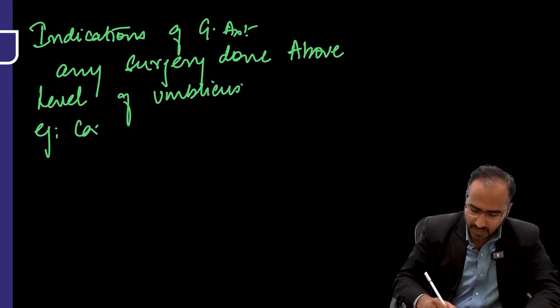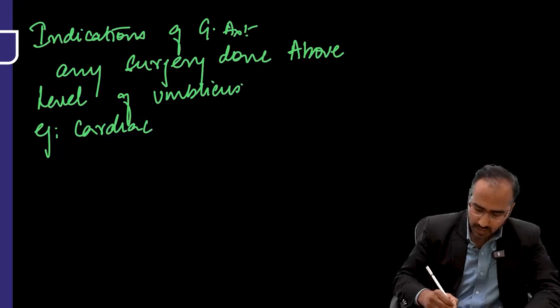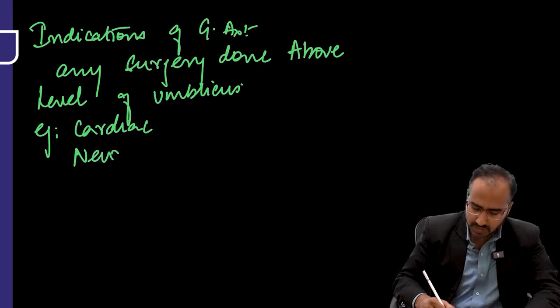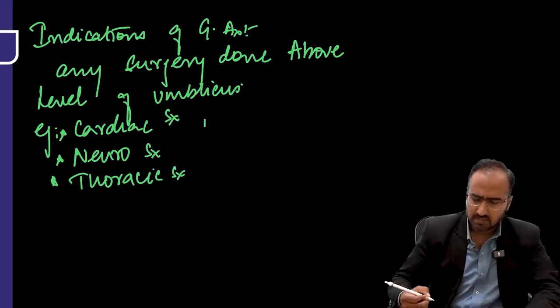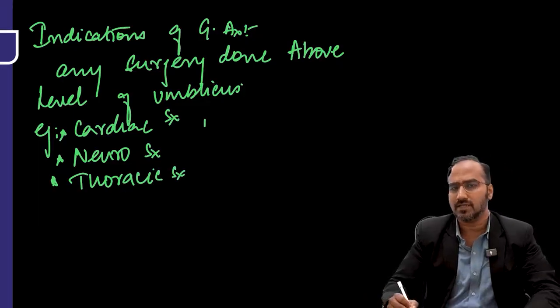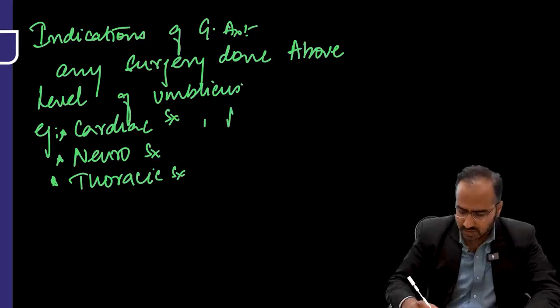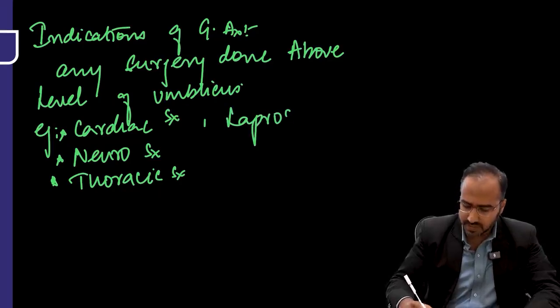Example, it could be cardiac surgery, it could be neurosurgery, right? It could be thoracic surgery such as lung surgery, okay? Breast abscess, these kind of cases require general anesthesia, and also laparoscopic surgery.